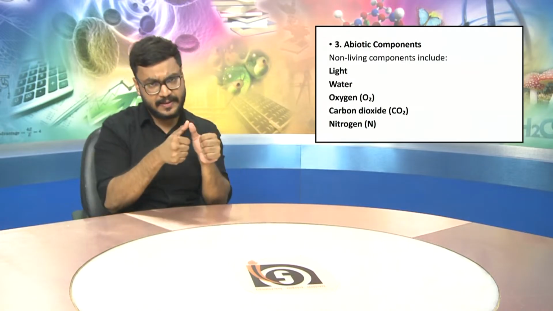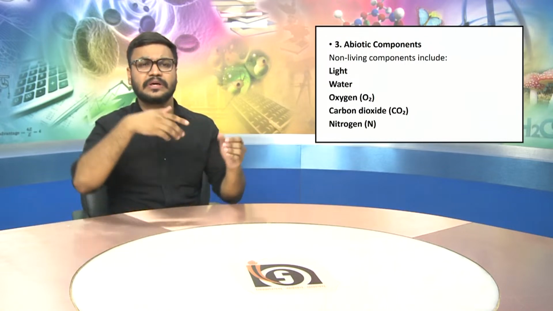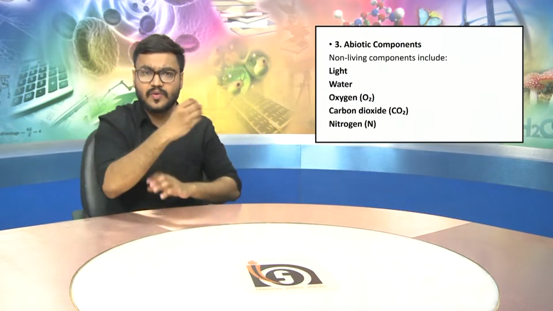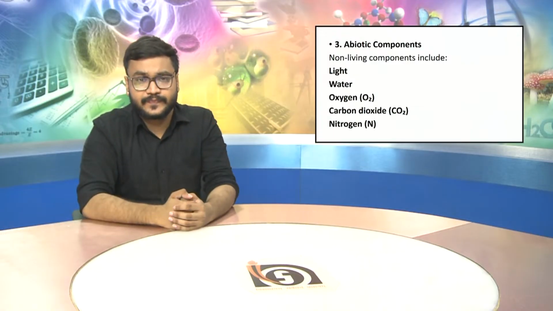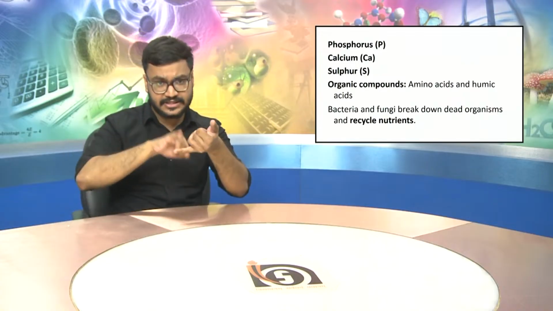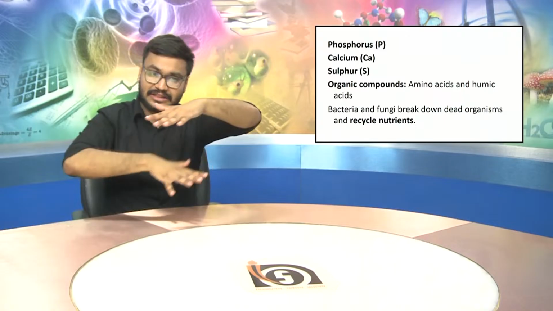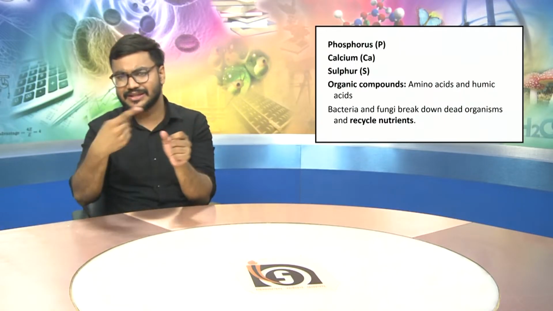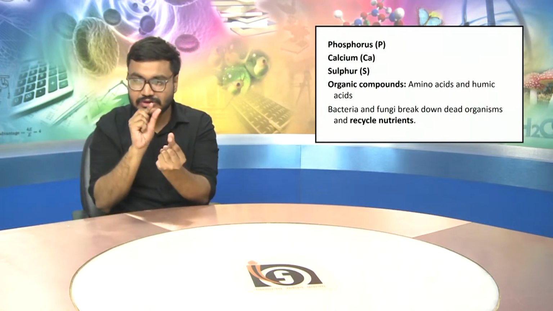And the third, we have learned the abiotic components. These are the components which are not living, like light, water, oxygen, carbon dioxide, nitrogen, phosphorus, calcium, sulfur, etc. And after that, we have seen the organic compounds like amino acids and humic acids.